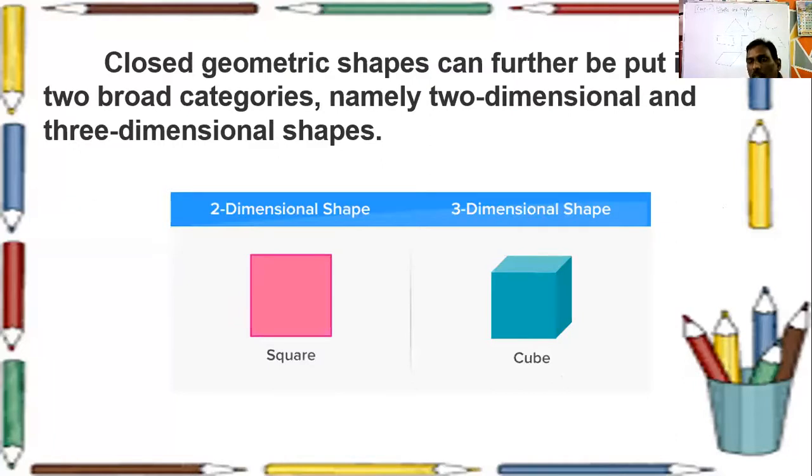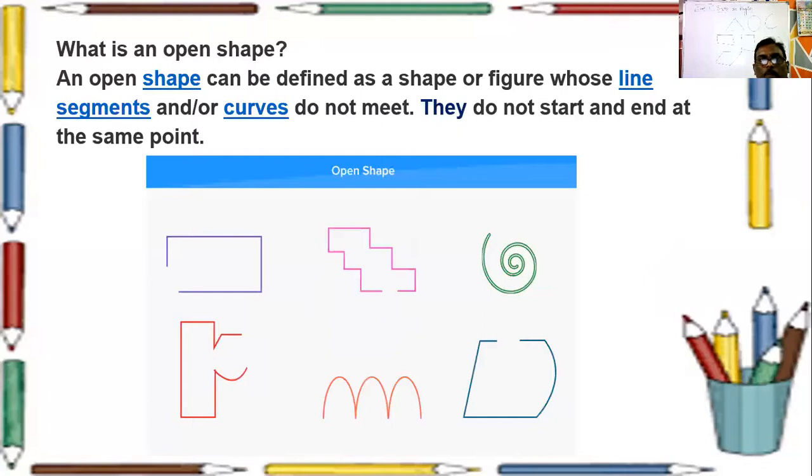Till that time, only listen, concentrate, and read. So as I said, generally we discuss closed shapes only, like square, cube, circle, sphere. All these are closed shapes which we deal with in our syllabus, which we draw on the board or paper.